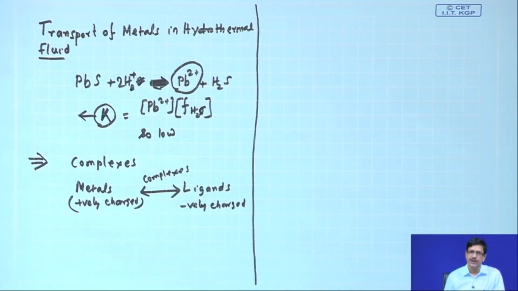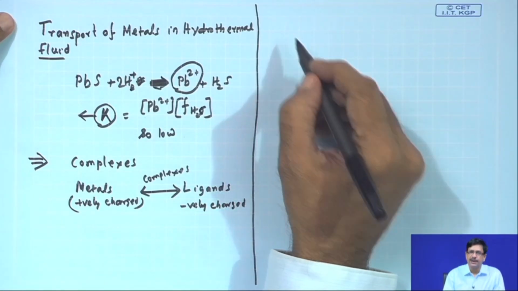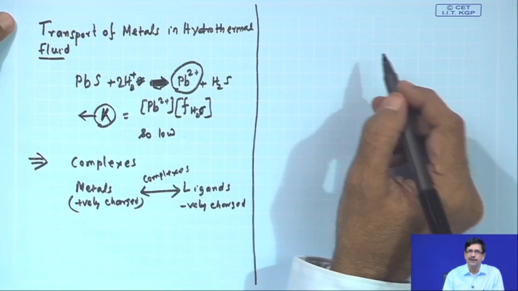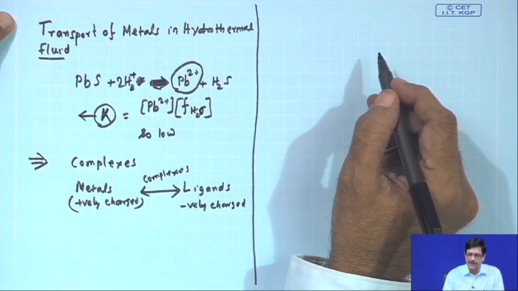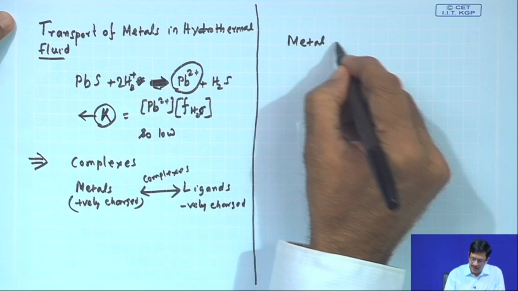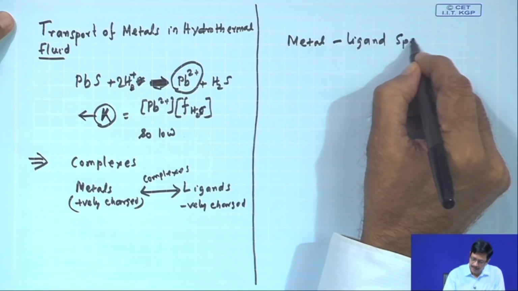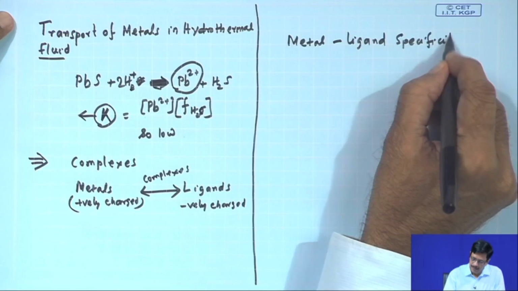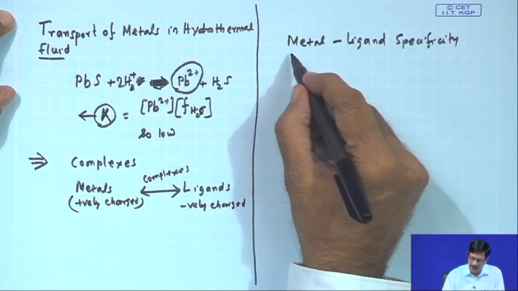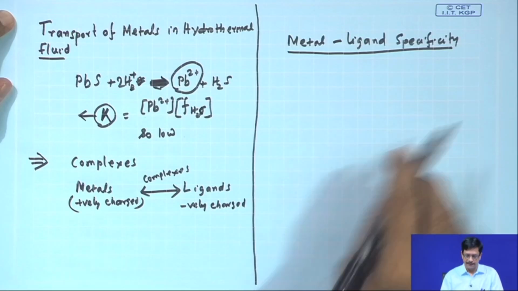Essentially, the question that arises is what makes a particular metal combine with a particular ligand to form a complex. In other words, there is something we call metal ligand specificity, or a specific affinity of a particular metal to a particular ligand.